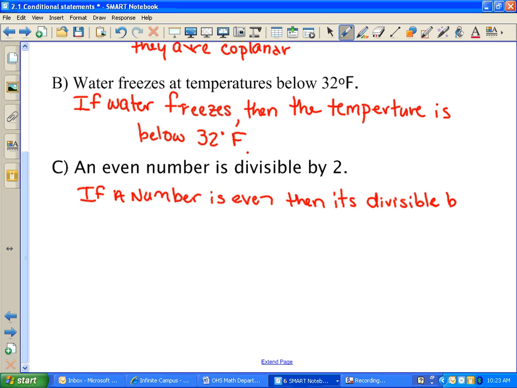Is this the only way to write it? No. Okay, good. Because I heard several different people saying the same thing. You could say, if you have an even number, then it's divisible by 2. Fine. If a number is even, then it's divisible by 2. Meaning the same thing, written differently. Great.